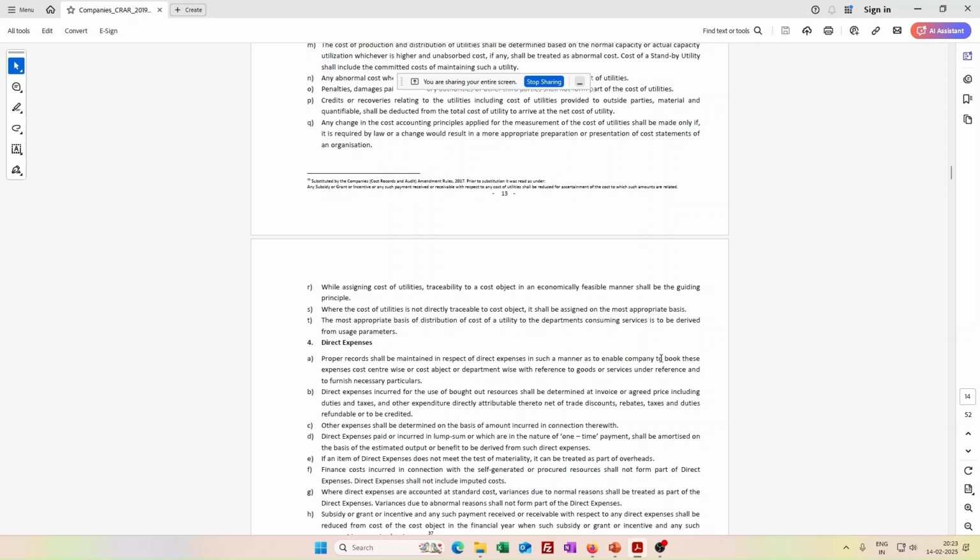And the fundamental policy is also the same: landed cost. This is a thumb rule. The costs incurred for obtaining these resources should be charged to the cost, net of tax relief.